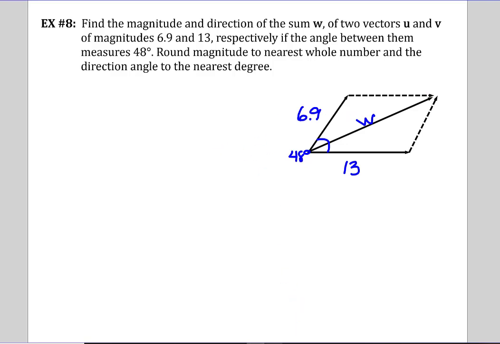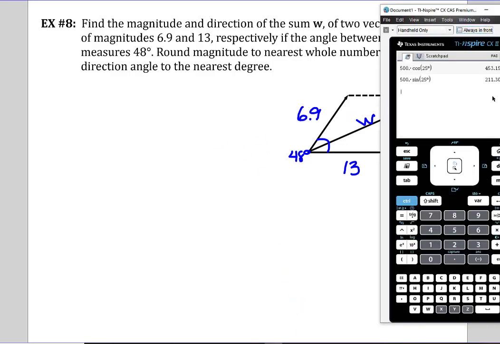Now, if a parallelogram has 360 degrees and two of the angles are 48, then that leaves us 264 degrees for the other two angles. So each of the other two angles would be 132 degrees.